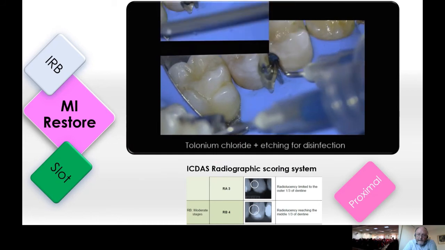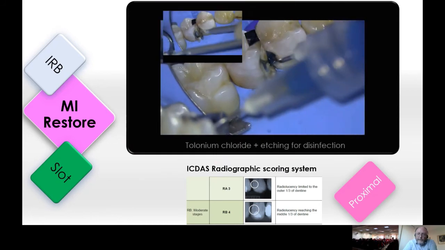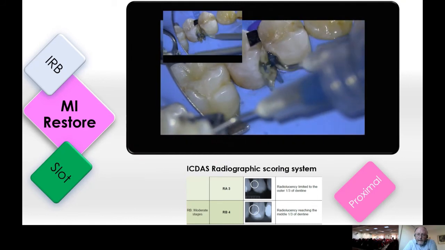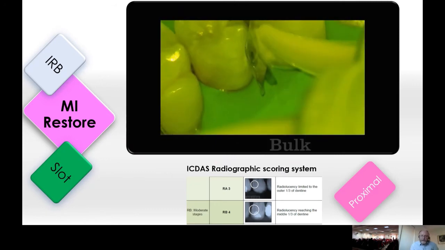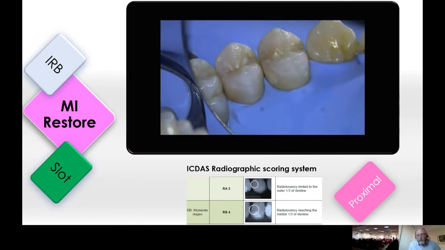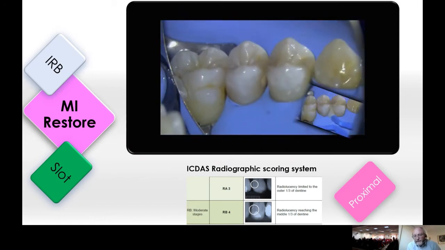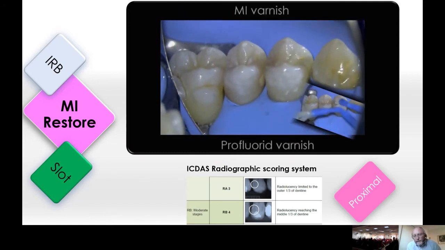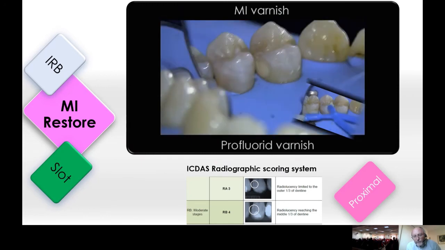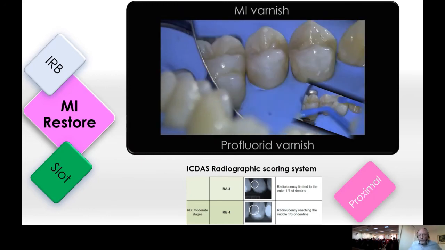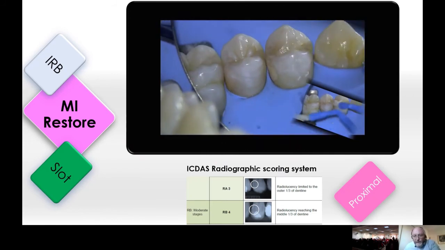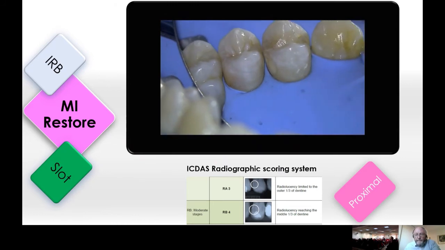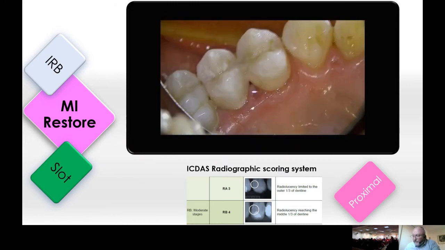You can clean the area also with phosphoric acid, and then it's time to inject the new kind of glass ionomer from GC, and you can see at the end we have perfectly protected the two marginal crests, and then we cover all the tooth with a specific fluoridated varnish to protect all these points. So it's a very aesthetic approach, and we do not open the marginal crest, and we greatly preserved the tooth.